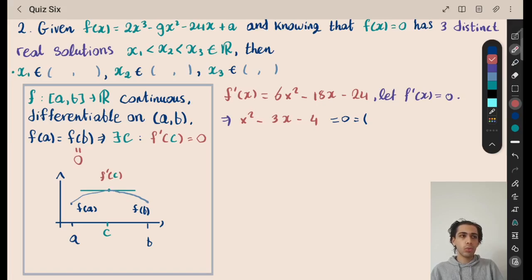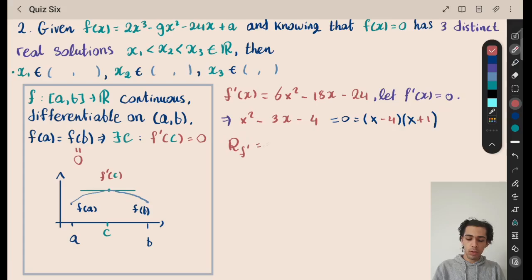x minus 4 and then x plus 1. Yeah. So in this case, the roots of f prime are 4 and minus 1.